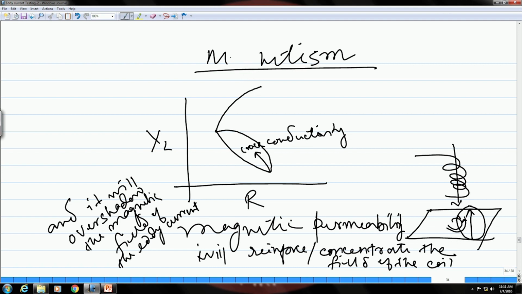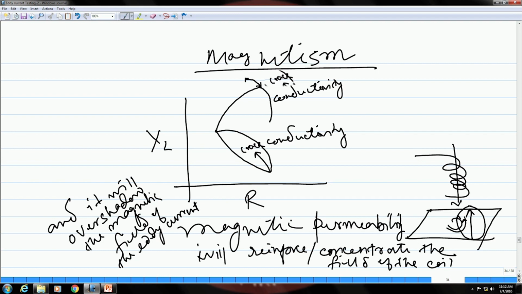In the case of magnetic material, this crack signal is going to remain the same, because the effect of the crack will be the same, and the conductivity curve will also be similar like this, because the effect of conductivity is also going to remain the same. Only the reactance component is going to be different for the reasons that we have already discussed.